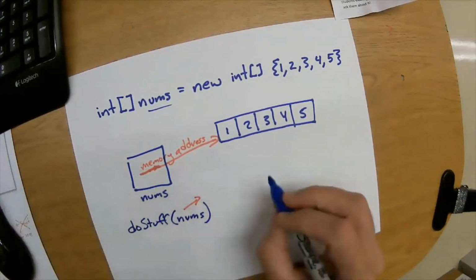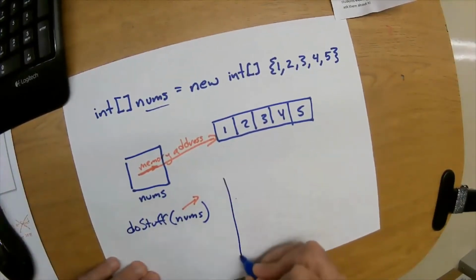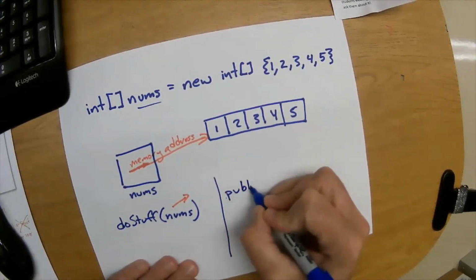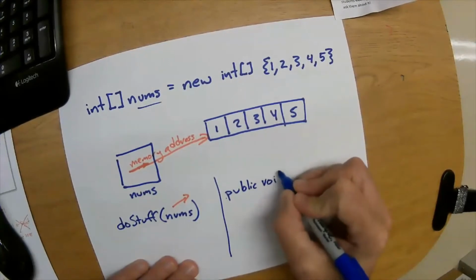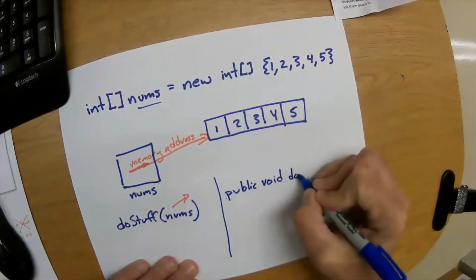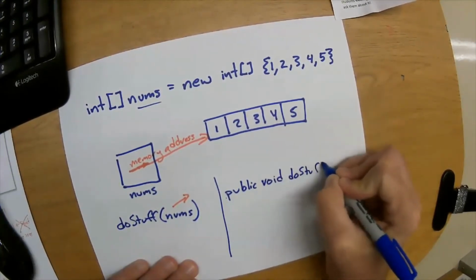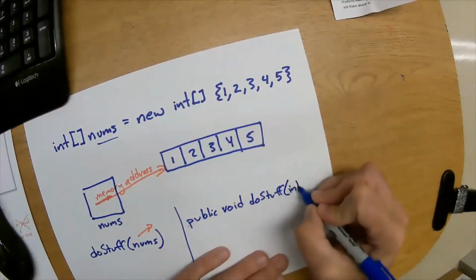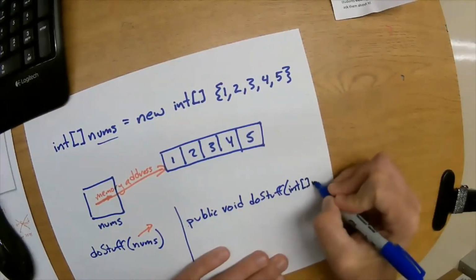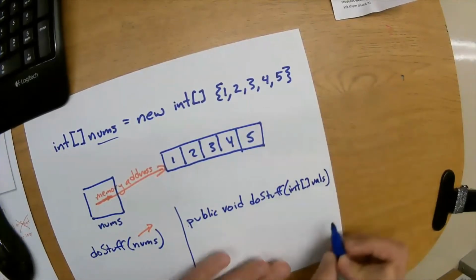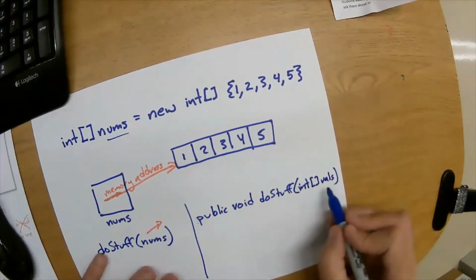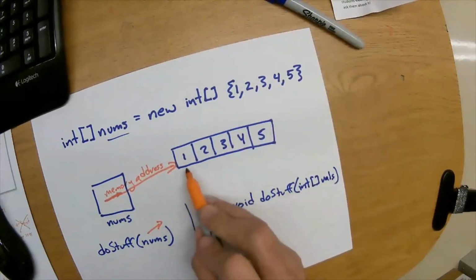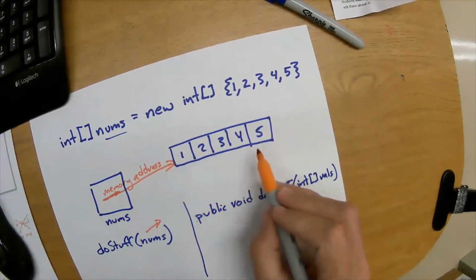So when we get to another function, public void doStuff, and let's say it takes an int array called vals, vals is not a copy of this list of numbers 1, 2, 3, 4, 5.